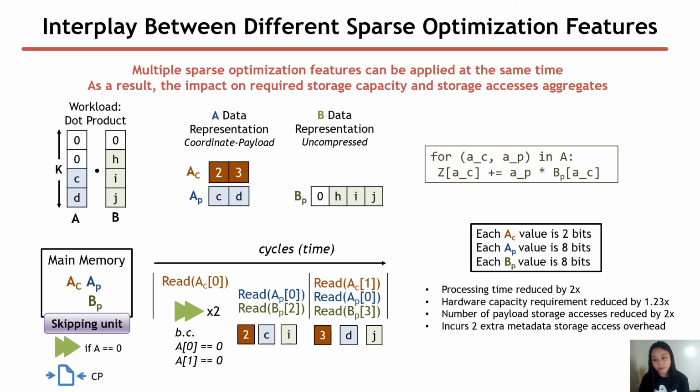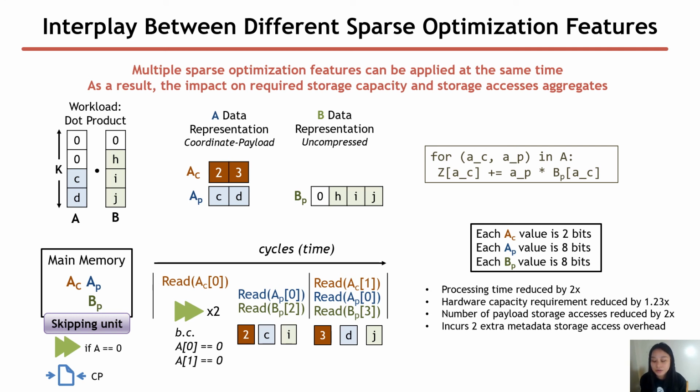Let's have some assumptions for A coordinates, A payload and B payload. Let's assume that we have a pretty light coordinate metadata overhead with only 2-bit coordinate values, and our data payloads are all 8 bits. This optimization you can calculate if you want, but essentially it allows us to reduce processing time by 2x compared to baseline.